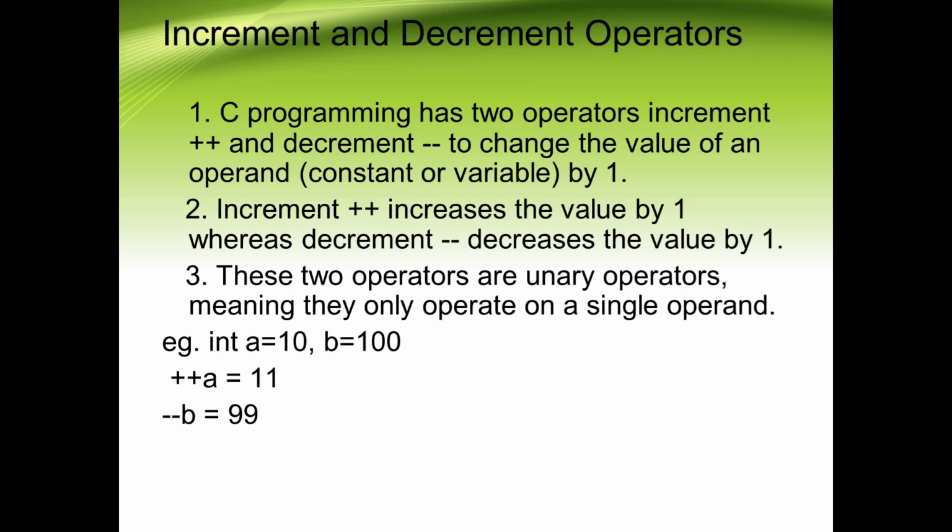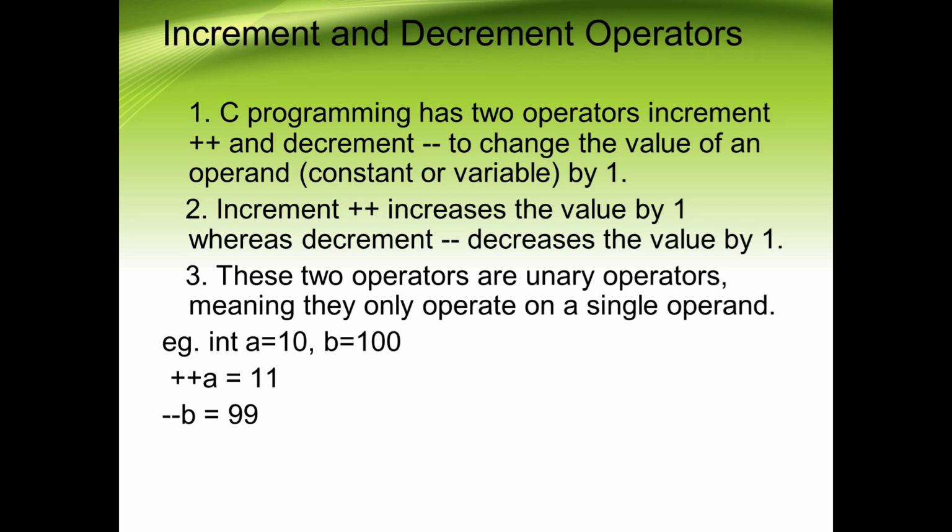Increment and decrement operators. C programming has basically two operators, increment and decrement, to change the value. Take an example like 1. If we put 1 plus plus, then after returning 1, the plus plus increases the value of 1 to 2.